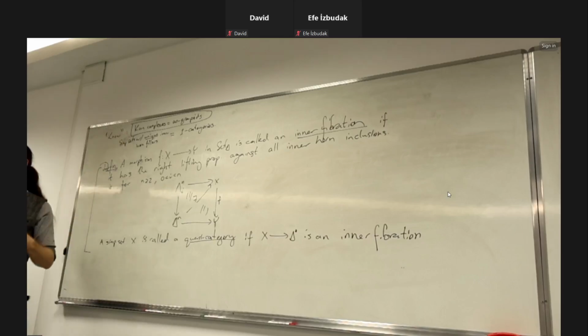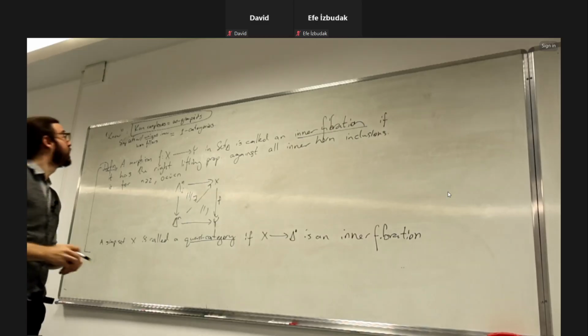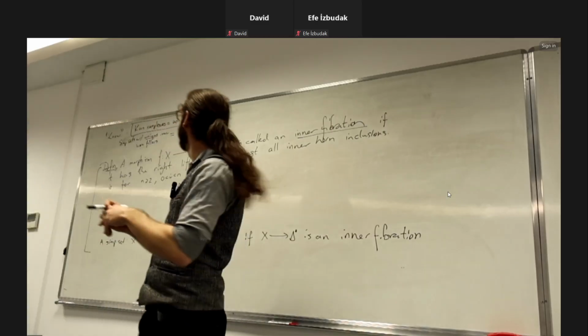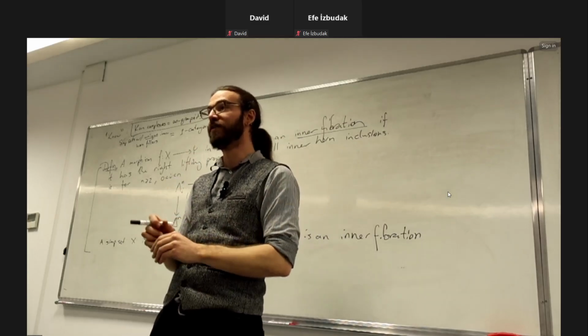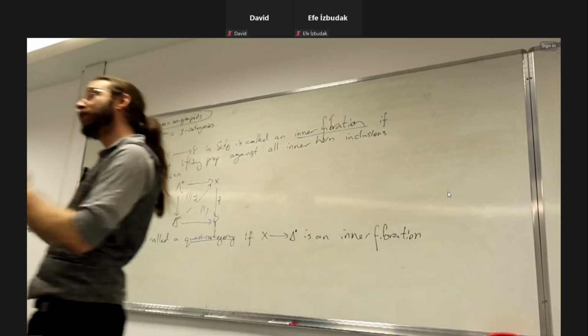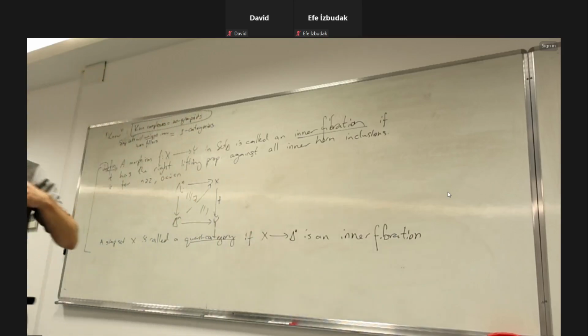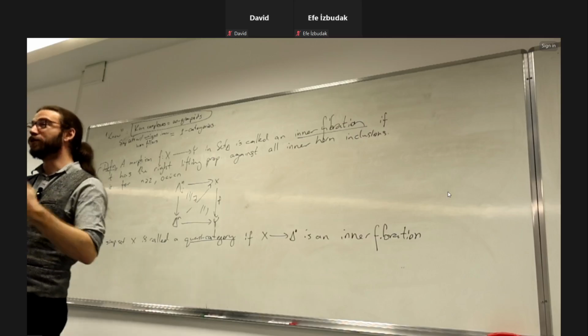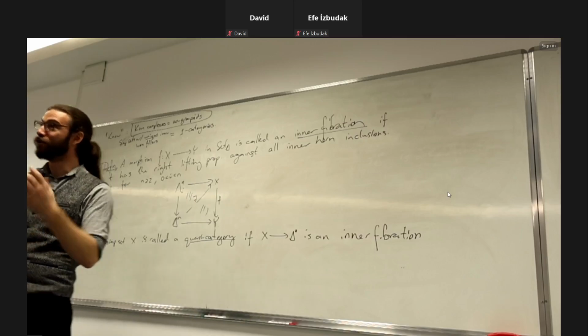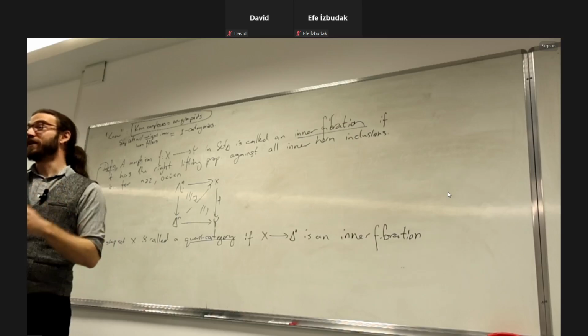If a Kan complex is an infinity groupoid, then a category enriched in Kan complexes should be an infinity one category. Much in the same way that if you enrich a one category in groupoids, you get a 2-1 category.